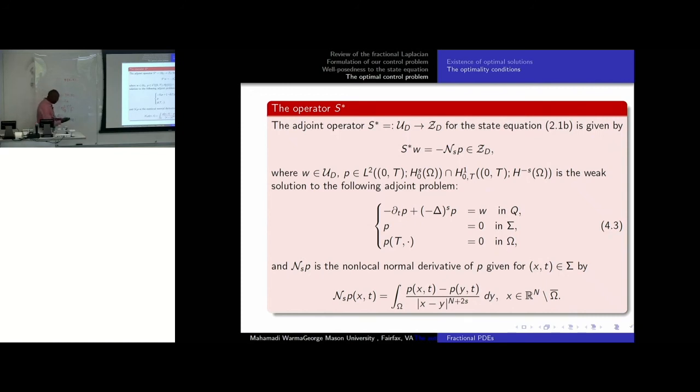That means that the solution of the backward problem has the same regularity as the solution of the forward problem. Then its non-local normal derivative exists, and it really belongs to our L2 of Σ, this means L2 in (0,T) with values in L2 of the complement.